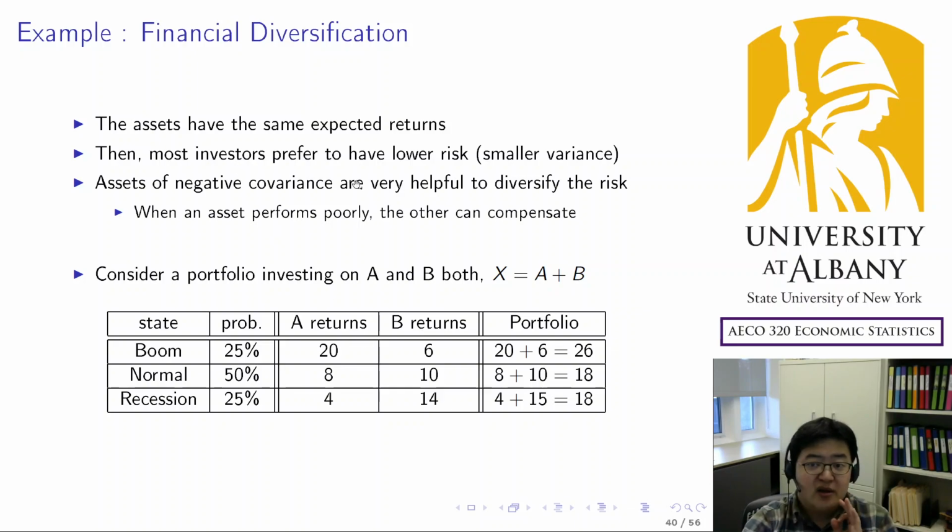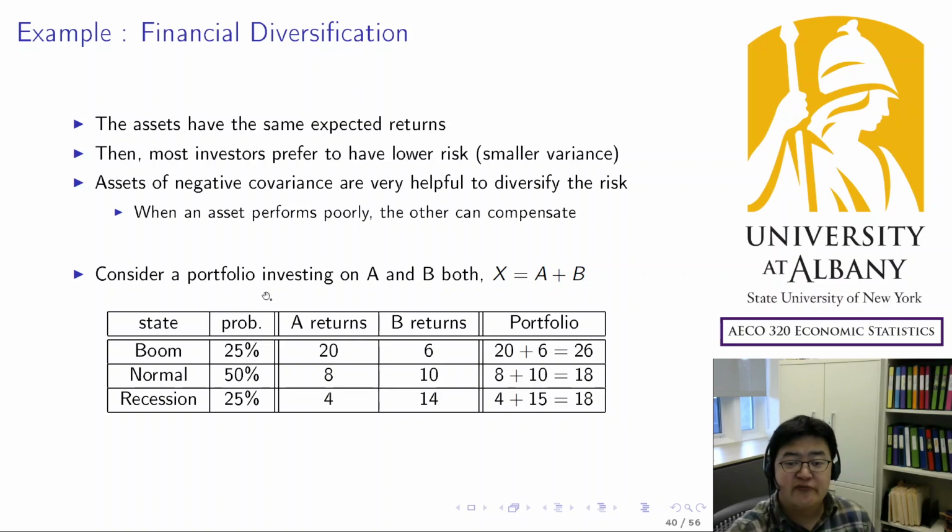And remember, we are going to measure the risk using the variance, or later, the standard deviation. The main goal of this study is to see the effect of negative covariance on the risk. As I said, negative covariance really is a good thing for minimizing the risk. So I will illustrate that.